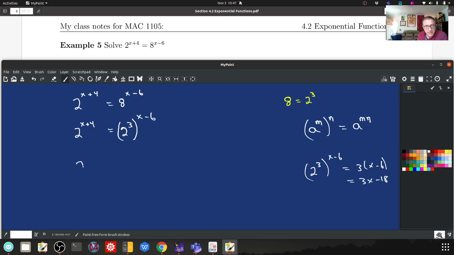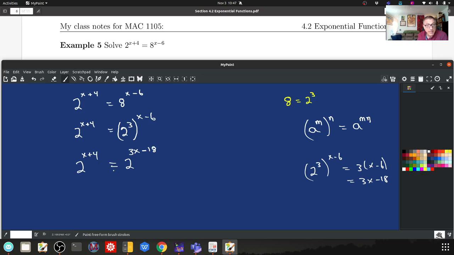So that's going to give me 2 to the x plus 4 is equal to 2 raised to 3x minus 18.